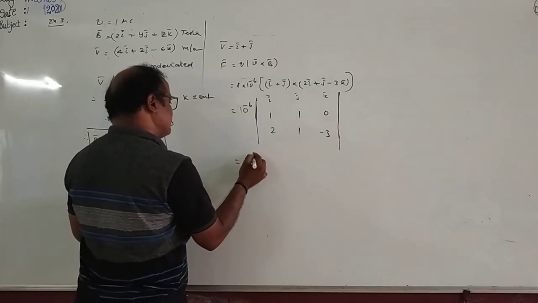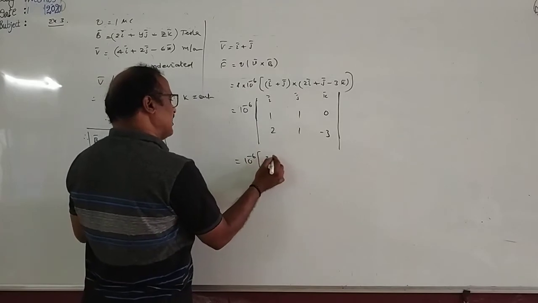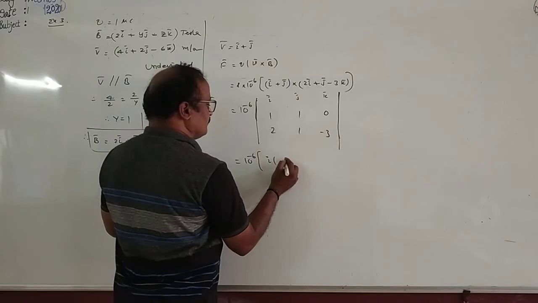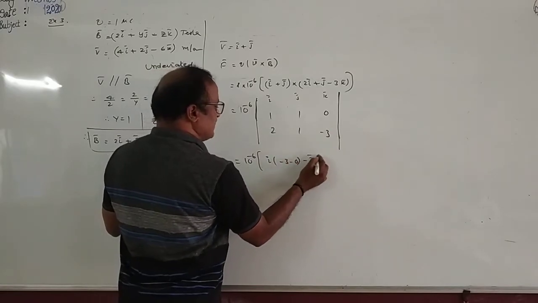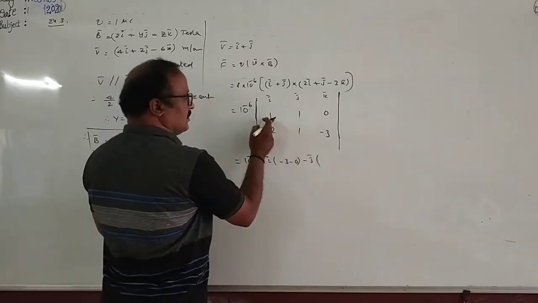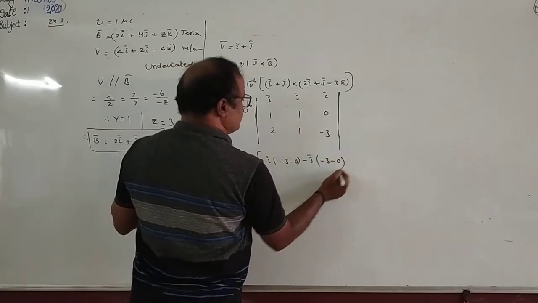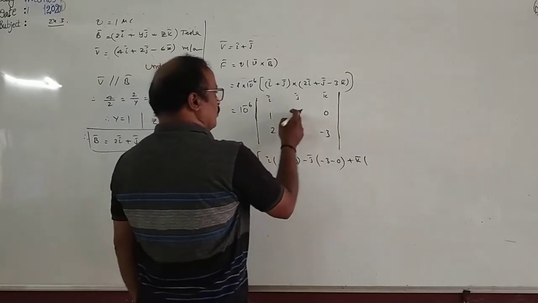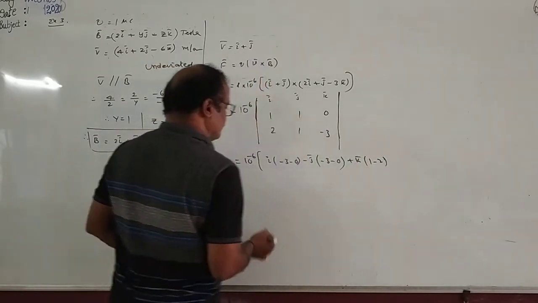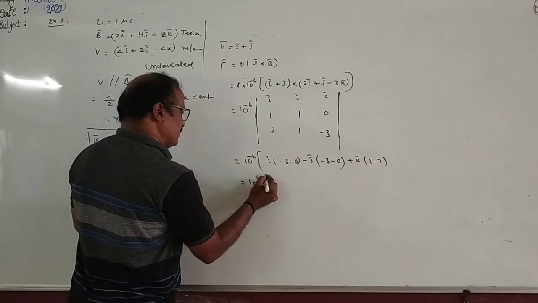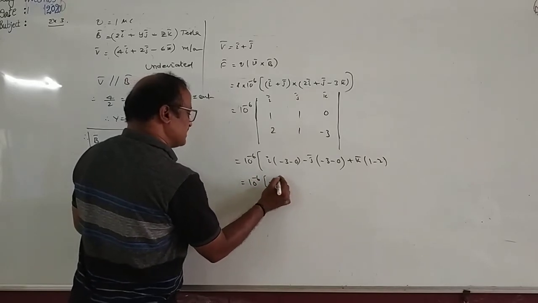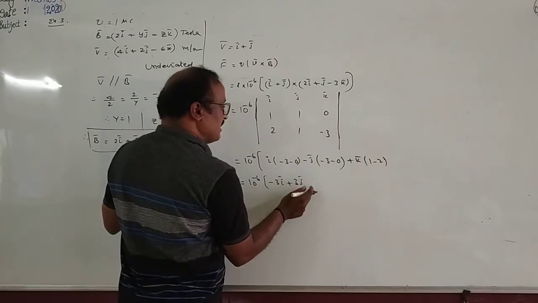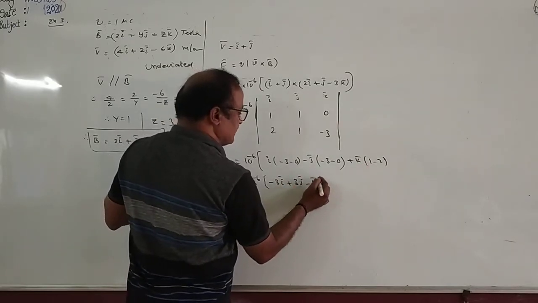That is 10 power minus 6 into i bar into minus 3 minus 0, minus j bar into minus 3 minus 0, plus k bar into 1 minus 2. That is 10 power minus 6 into minus 3i bar plus 3j bar minus k bar.